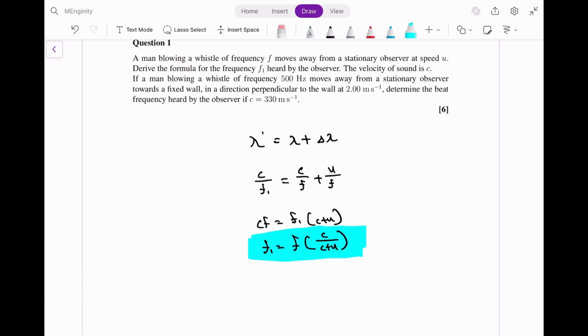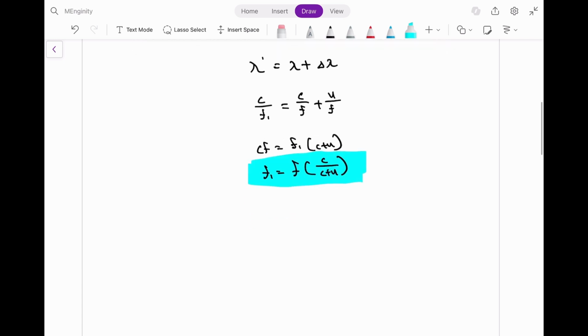So in this case, the stationary observer is basically observing two waves. One that is directly transferred to him, which is the effect of the wave source moving away, and then another one is the effect of the wave source moving towards him, which is essentially the wave that the stationary observer observes for the one that is bouncing off the wall.